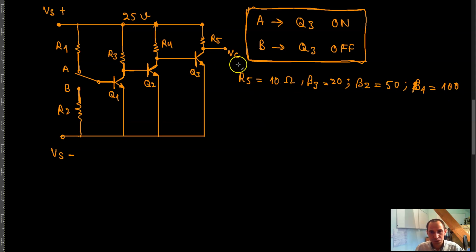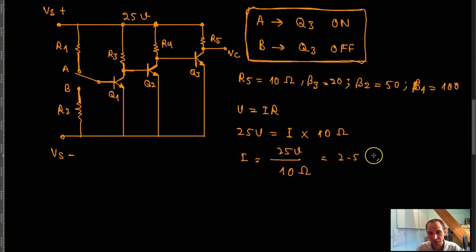If I apply Ohm's law to this resistor R5, I want the voltage across this resistor to be 25 volts. And I don't know what the current is for that situation. I know that this resistor is a 10 ohm resistor, which means that I is the same thing as 25 volts divided by 10 ohms, which is equal to 2.5 amps, right?